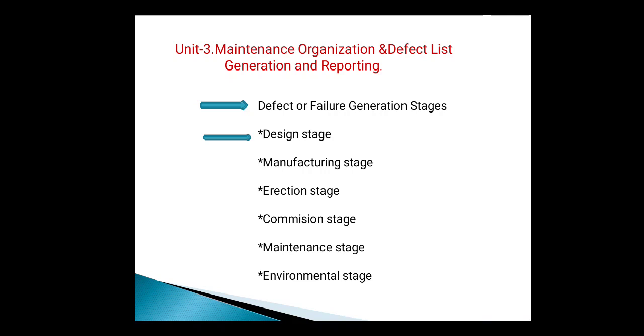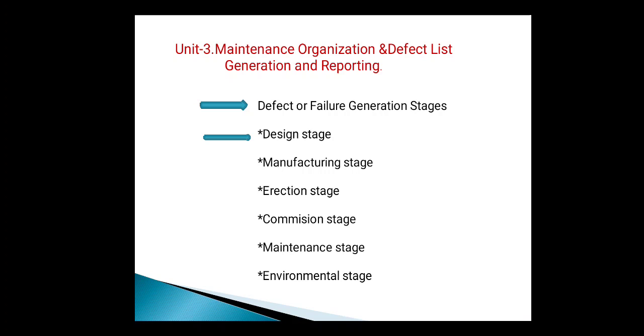And the environmental stage, that is the last stage of the failure generation stages. Because of environmental changes, the variation in the environment may affect the machine atmosphere and machine working conditions. Some foreign particles which we cannot see may exist during the working time, and they will cause problems on the particular jobs, and then definitely you will lose the quality of the jobs.